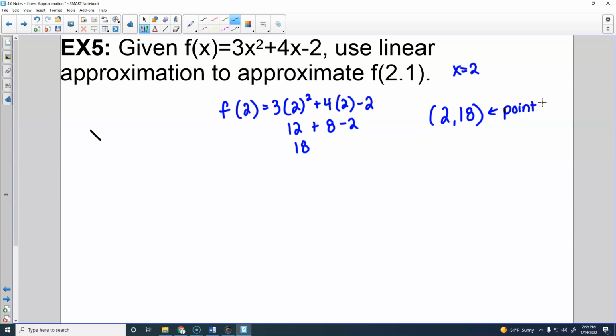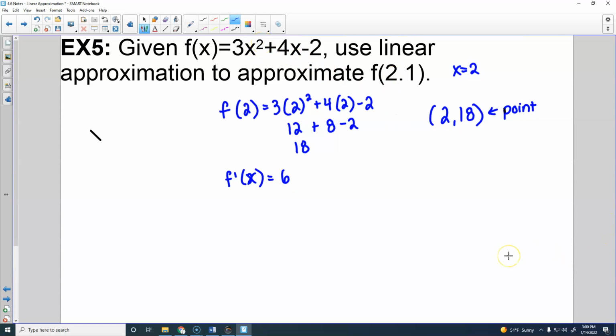Now we need the derivative. For that one, Ethan, what do we get for our derivative? 2 times 3 is 6, and then you subtract 1 from your exponent.